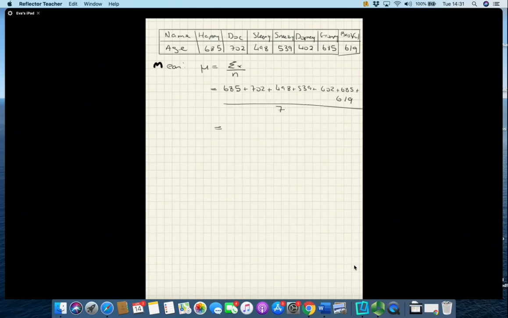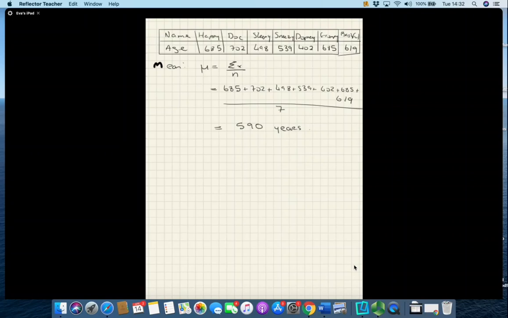Okay, so quite simply, you put them into your calculator. 685 plus 702 plus 498 plus 539 plus 402 plus 685 plus 619 over 7. So I am getting the mean to be 590 years. Okay, so the mean, it's the average.